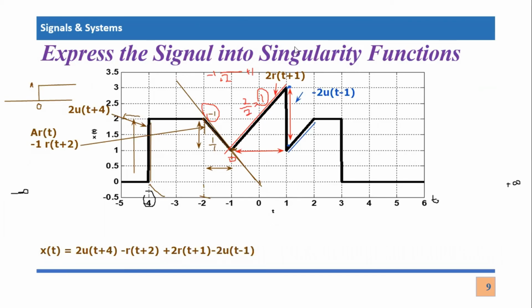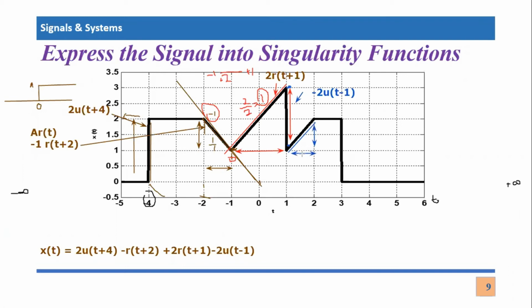Now let's talk about the next behavior. The next behavior is somewhere here, this slope, right? And this slope is how many vertical units and how many horizontal units? So slope is basically what? Horizontal unit is 1 and the vertical unit is again 1.